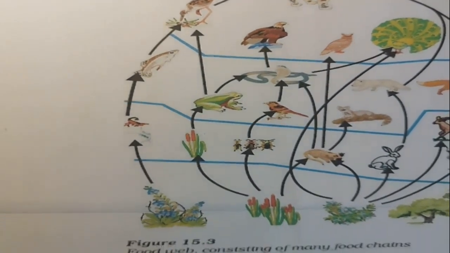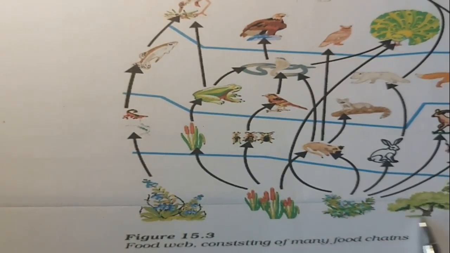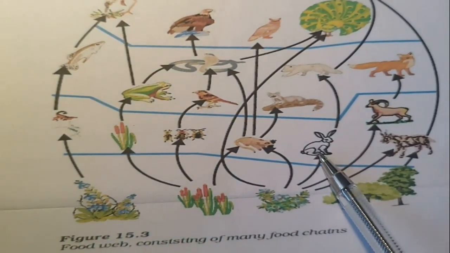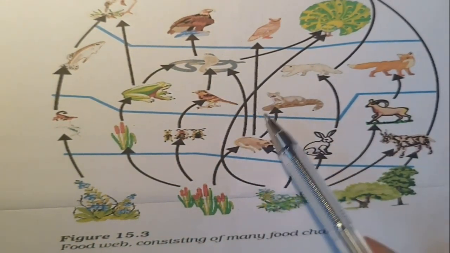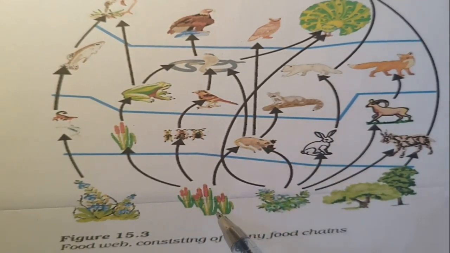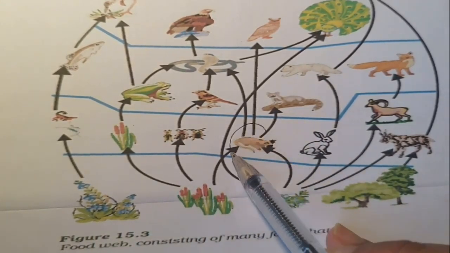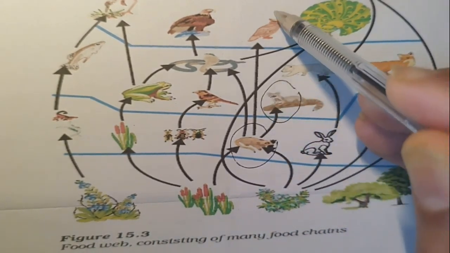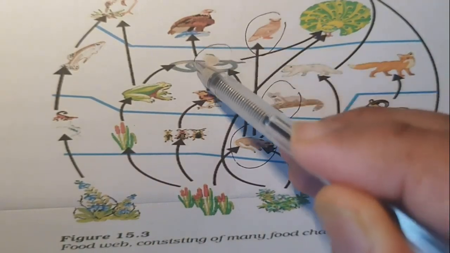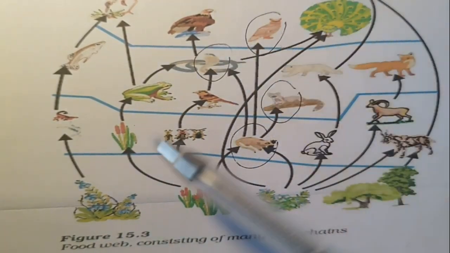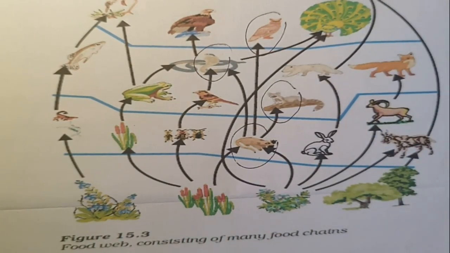We have the maximum number of producers, but the producer is eaten by the primary consumer. The primary consumer can be eaten by more than one organism. Here is a producer, that's a primary consumer, but it's eaten by 1, 2 and 3 organisms, and they are further eaten by more than one organism.